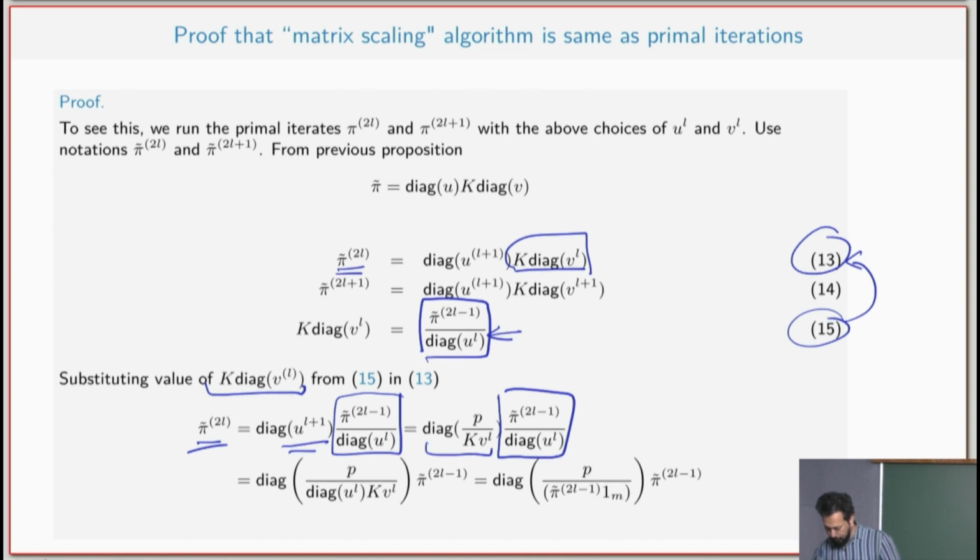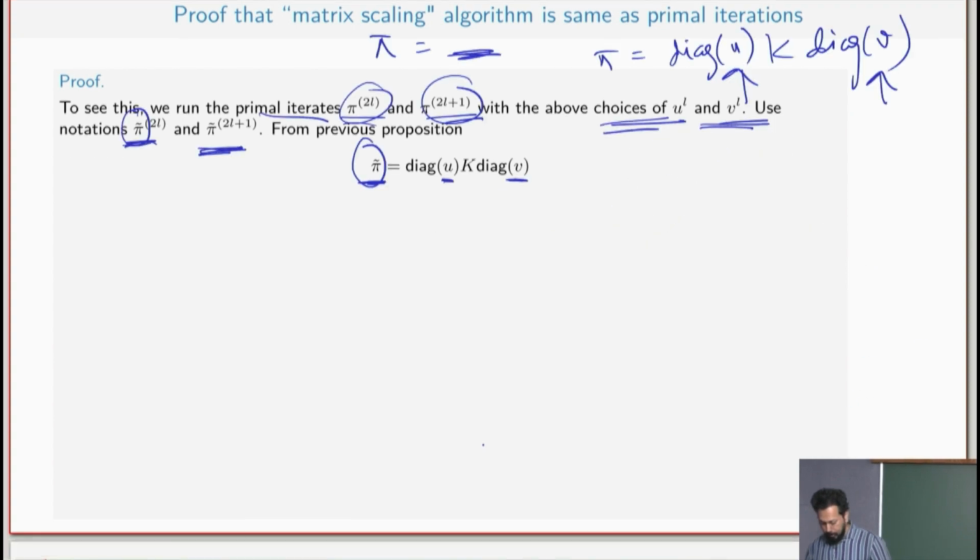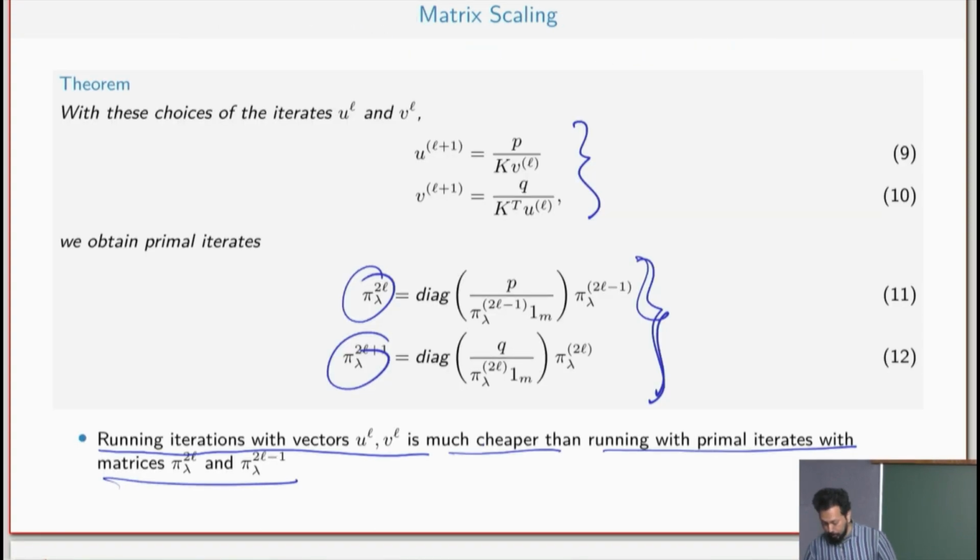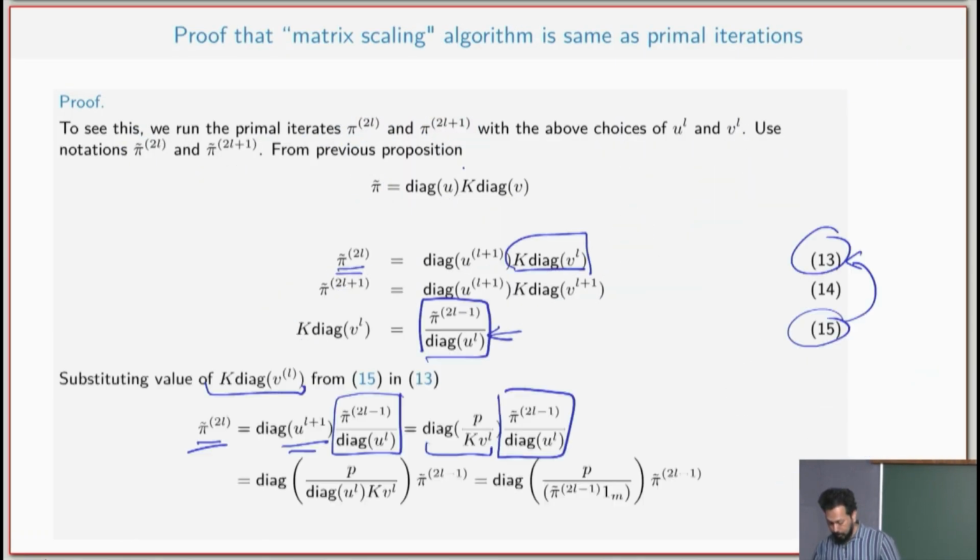So it seems as if we have substituted u_{l+1}. The way it was defined, u_{l+1} was defined to be P divided by K v_l. So if I'm taking diag of u_{l+1}, then I will also take diag of P divided by K v_l. So diag(u_{l+1}) is now diag of P divided by K v_l. All this is fine. There is this diag here and this diag here, so this diag has been taken common.